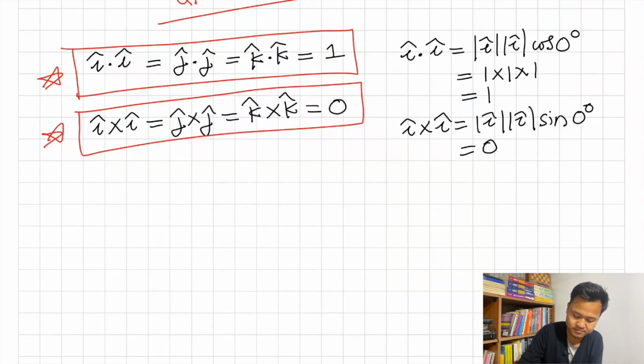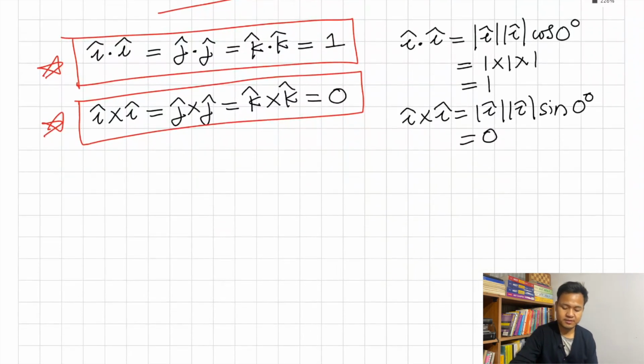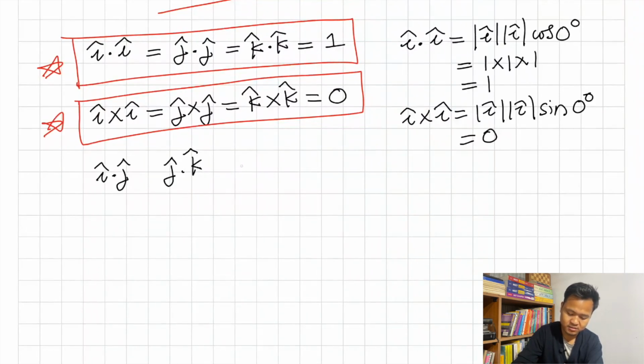Second thing. What happens when they are mixed? Suppose i dot j, j dot k, or k dot i, like that.